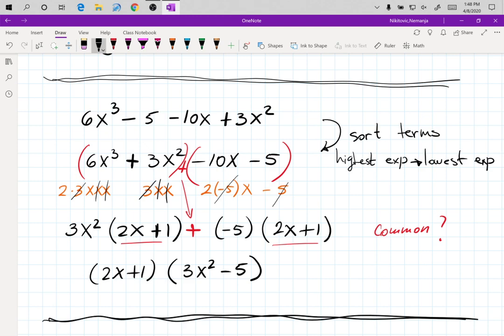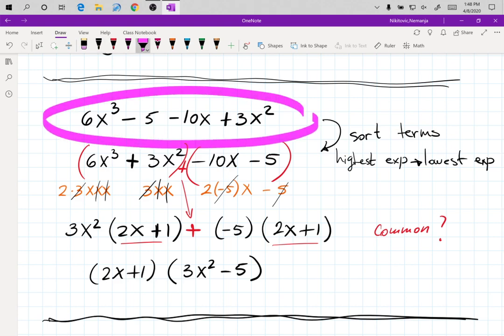All right, so in this problem we are getting a problem that is not written, right, from highest to lowest degree. So it's our job to fix that by sorting the terms from highest to lowest exponent. The constant term has the exponent of 0, so that one always goes at the end.